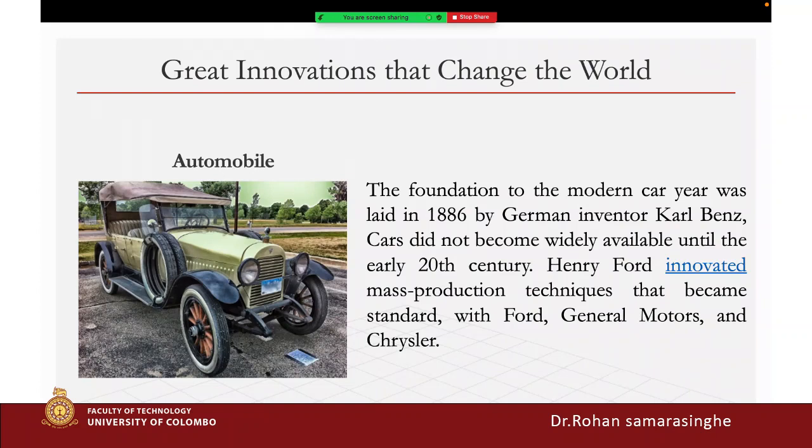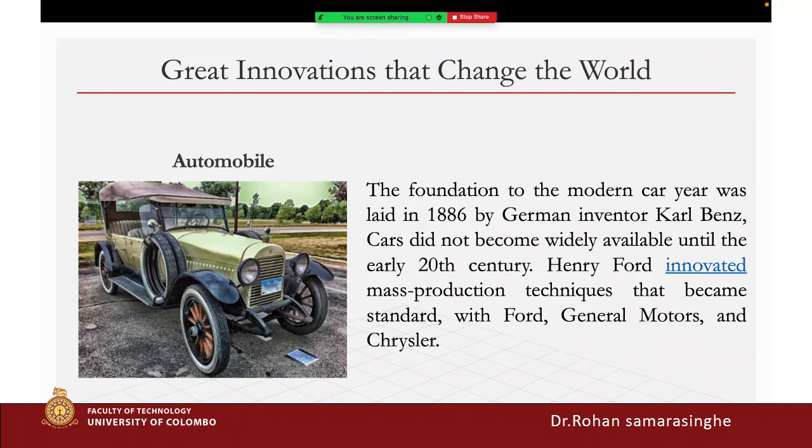Hybrid cars were first innovated by the Toyota Motor Company. Then after that, Nissan and Honda also introduced alternate methods, not the same method, alternate methods. And electric cars were also first introduced, I remember, by Sony.